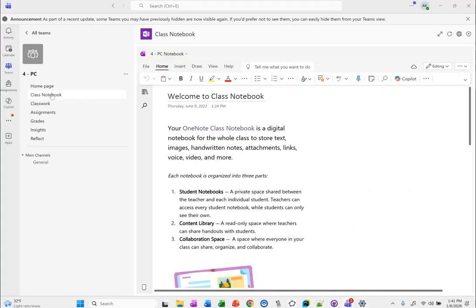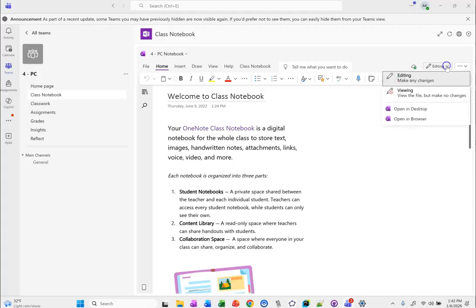You notice as you click it, on the right panel the OneNote image is starting to populate in, right? Once that's come through, you're going to be looking for the drop down on the right on that top navigation panel. Mine says editing because I'm the person that made the notebook. Yours will probably say viewing.